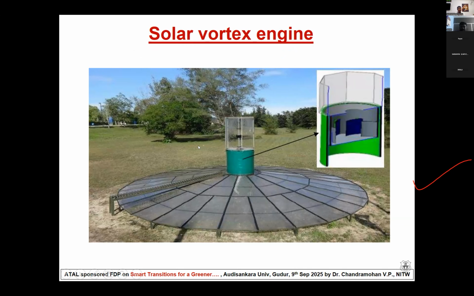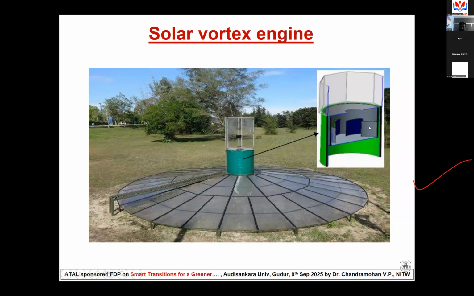a similar type of solar air collector is provided here, but here a solar vortex is generated. You can see this is the cross section of the solar vortex engine. The air heated through the solar air collector will enter through this solar vortex generator. There are some provisions for air flowing.